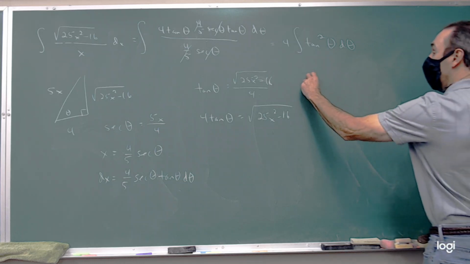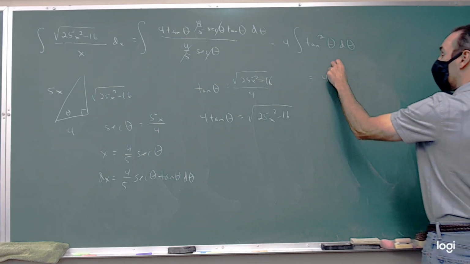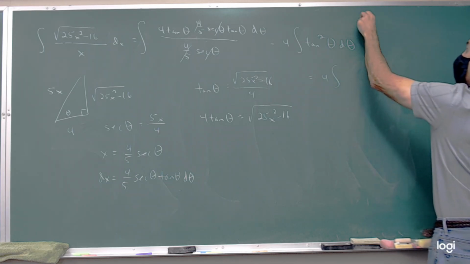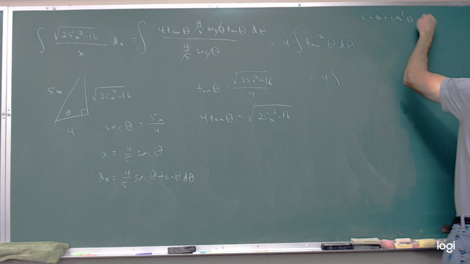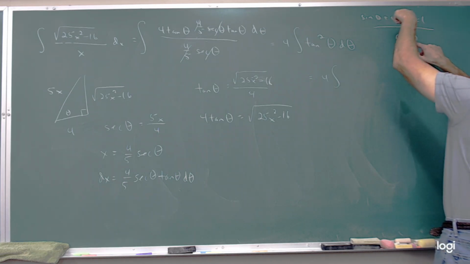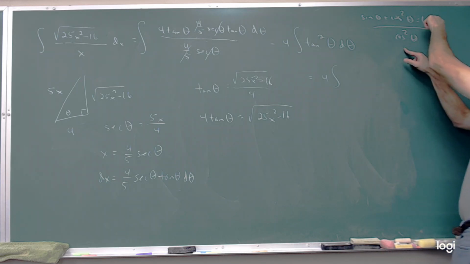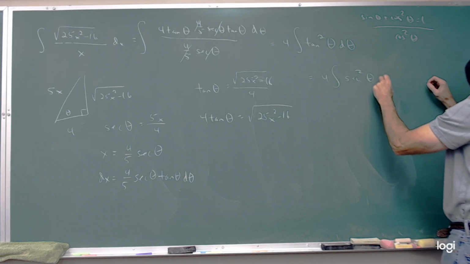Exactly. And if not, you can use your sheet. So I'm totally okay with that. You'll have that available. So tangent squared, if you remember, if we divide through by cosine squared, we get tangent squared plus 1 is secant squared. So tangent squared is secant squared theta minus 1.